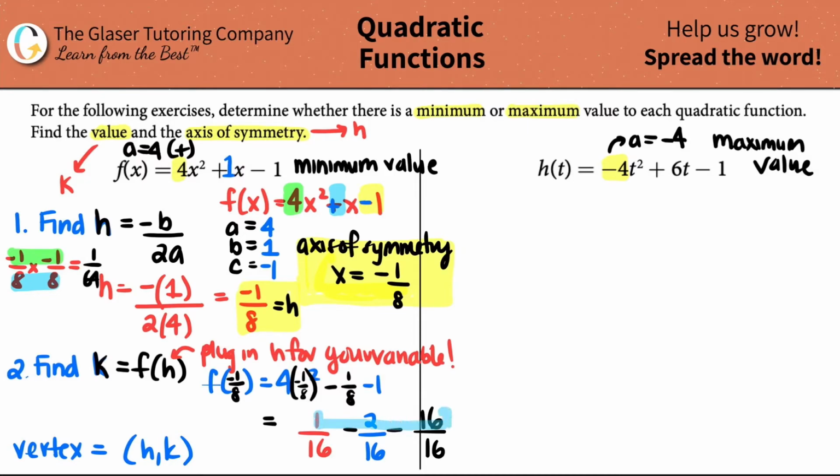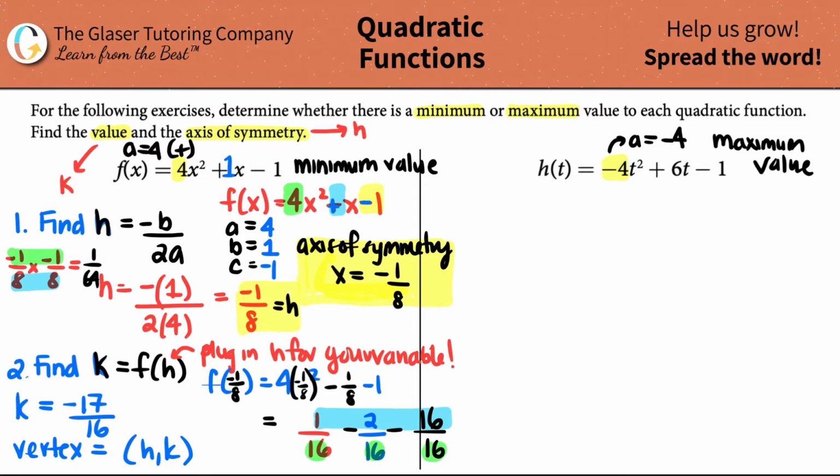I can do my subtraction on the top, and remember, you keep the denominator when you are adding or subtracting. So I'm just going to put the answer over here. 1 minus 2 is a negative 1 minus 16, and this is all over 16. Negative 1 minus 16 is a negative 17. And that would be over 16. And that would be your k value.